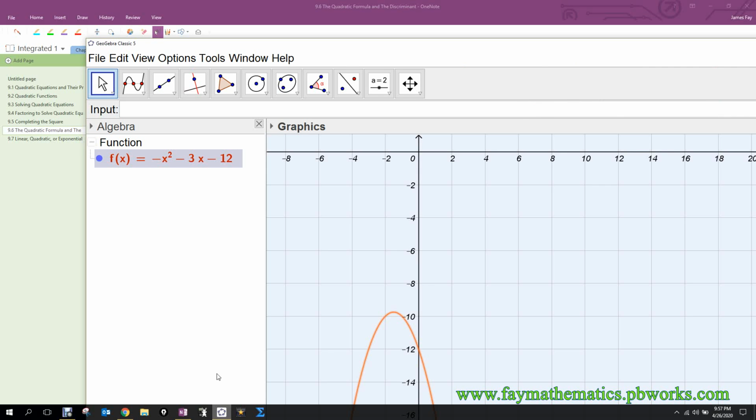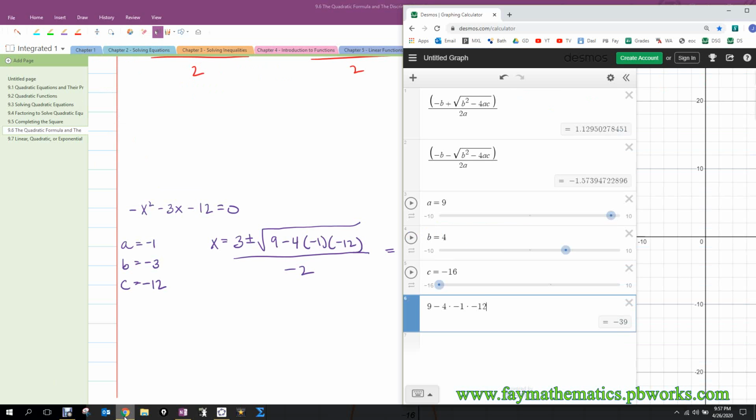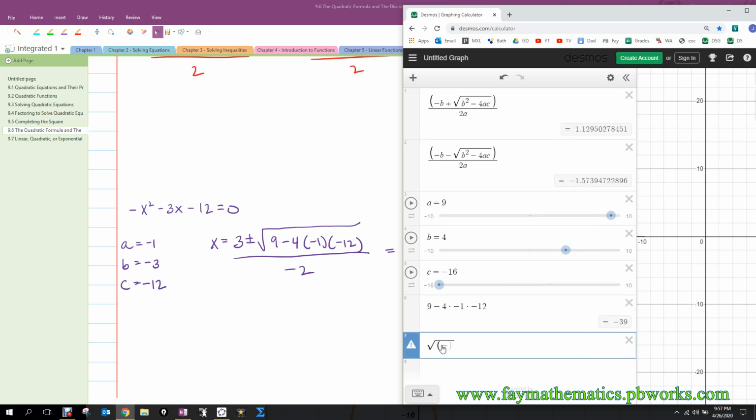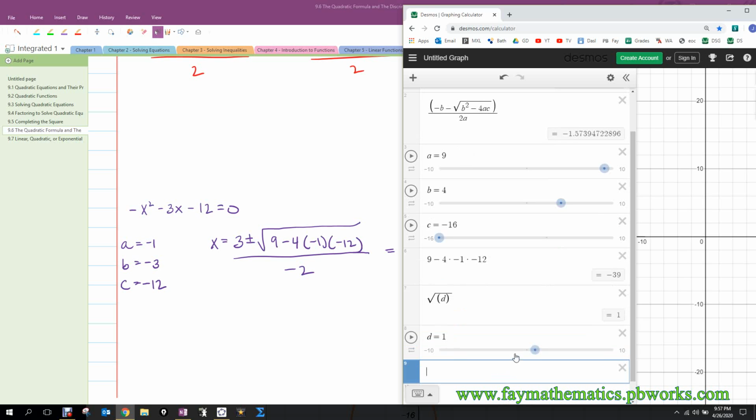Whenever you take the square root of a negative, like negative 39, see how it says undefined? Any negative number I ever choose, so let's use d. If I let d be any negative number, as I scroll through any of these negative numbers, it always says undefined.